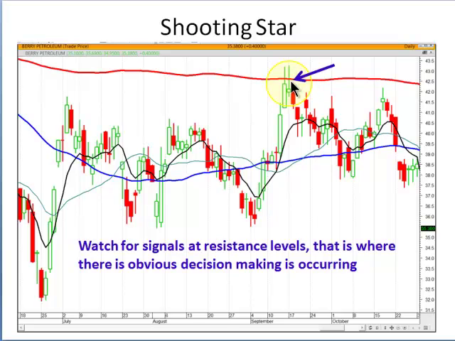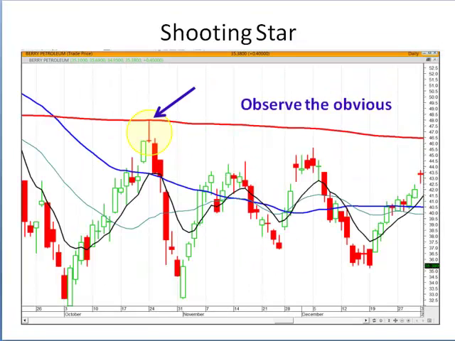It was time to take profits. They were probably coming back to test another lower level. And what can be more exacting is observe the obvious. The obvious was, after the strong uptrend, they just touched the 200-day moving average and sold off.